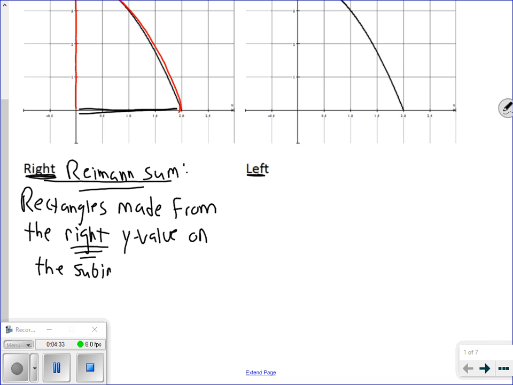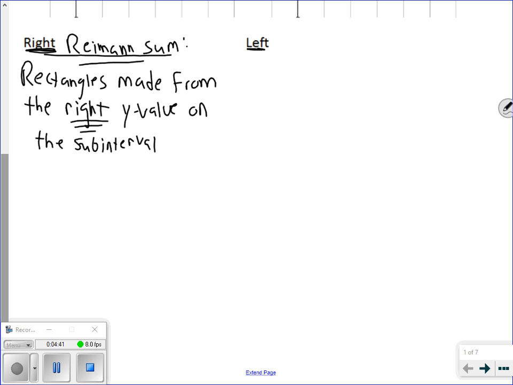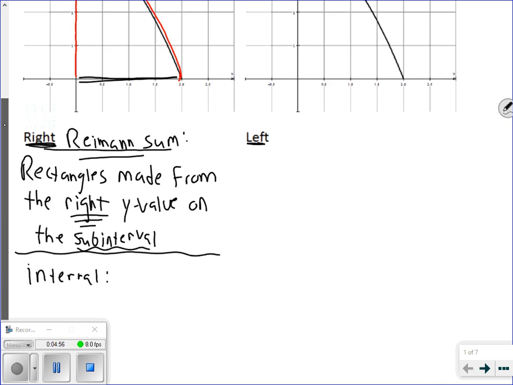And we'll explain how this looks in a second. Okay. Now, what I mean when I say subinterval is we're going to use a specific amount of rectangles in order to approximate the area underneath the curve. And that's going to be specific to each problem.